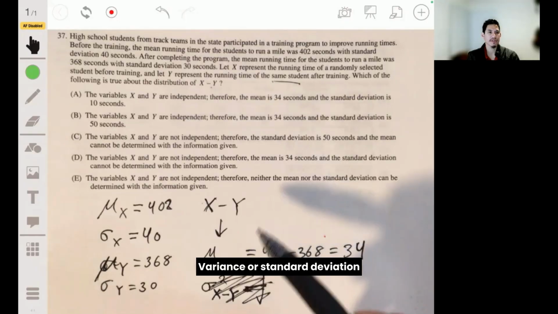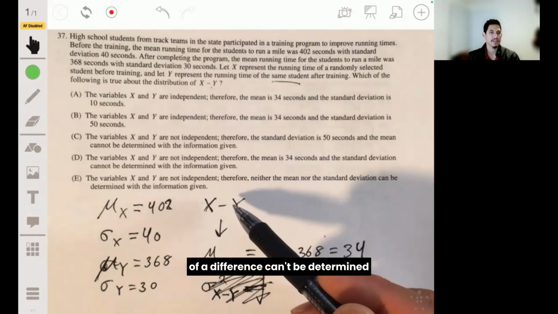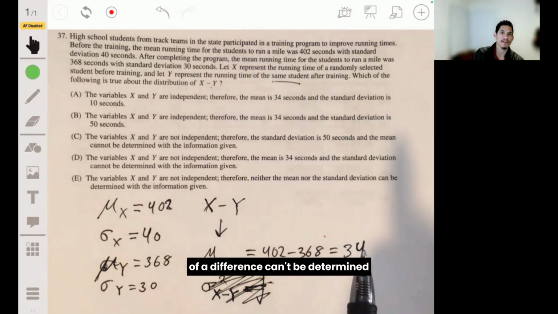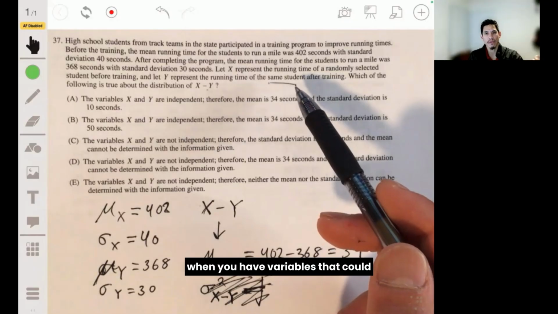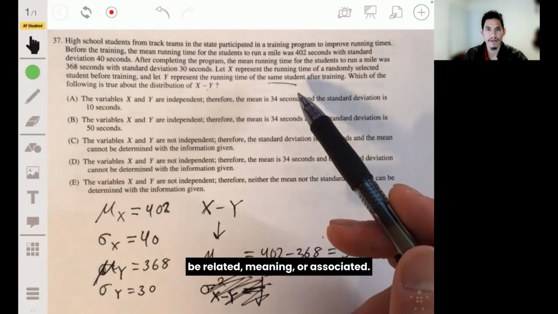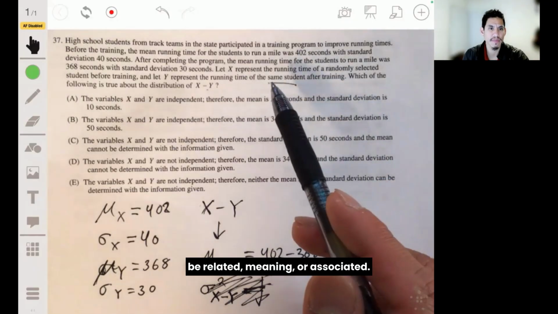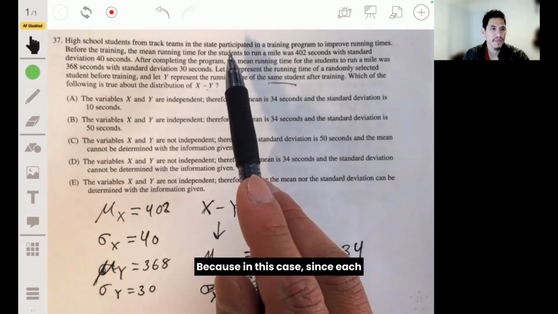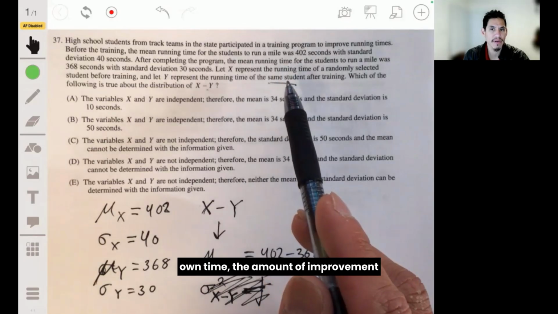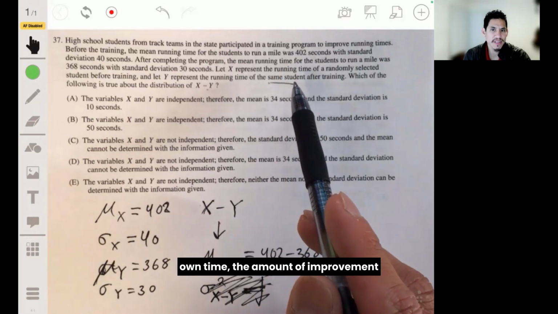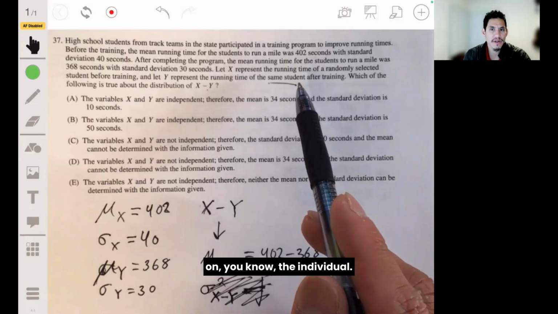The variance or standard deviation of a difference can't be determined when you have variables that could be related, meaning associated, because in this case, since each individual was compared to their own time, the amount of improvement we can argue is based on the individual.